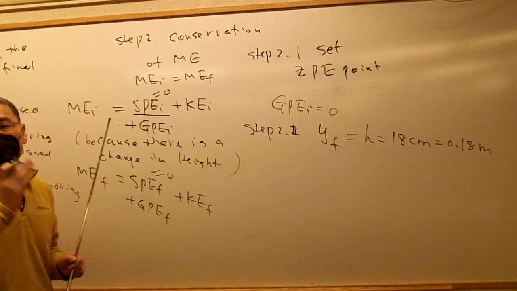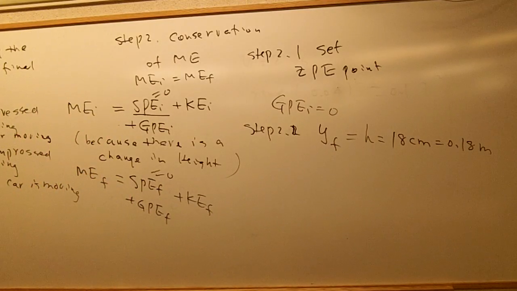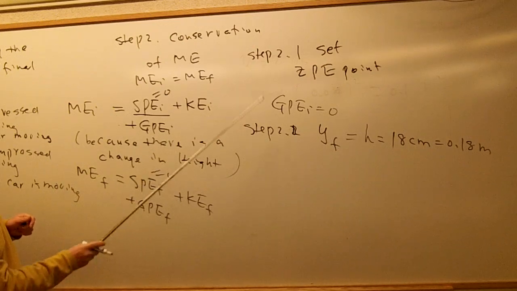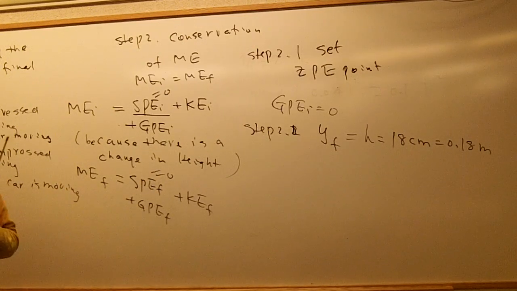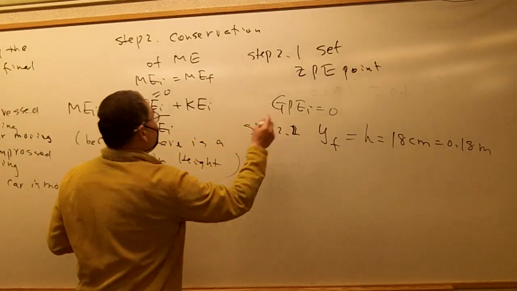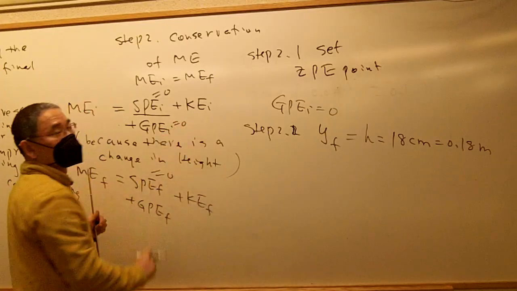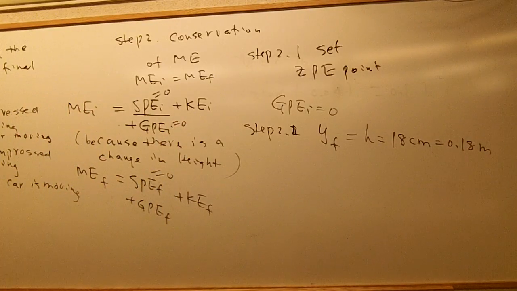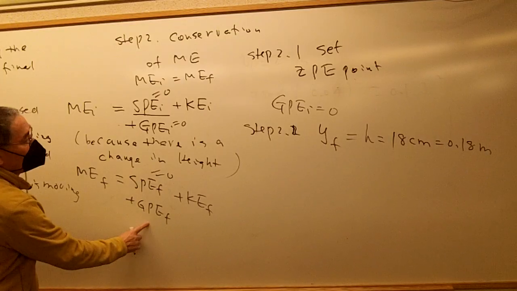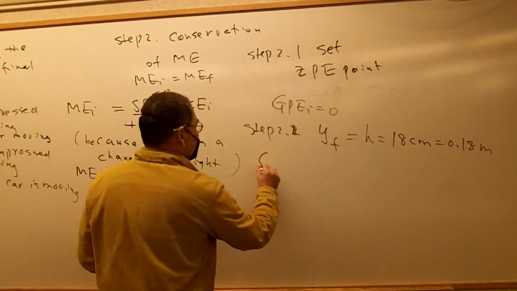So that is my final position, the height. All right. So in other words, for the second part, I will only need to do these two, but you do need to set which one is your reference point. Of course, the final result is the same, but you have to set it. Since we decide this one is 0, this will be 0, like this. And now, for this one here, we will figure out how large GPE final is.